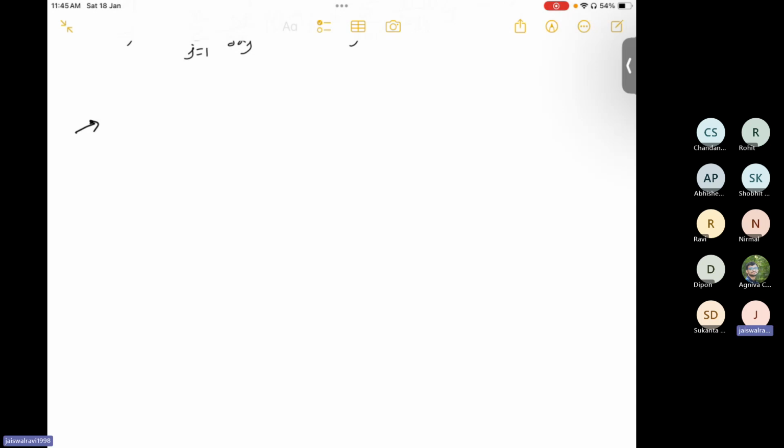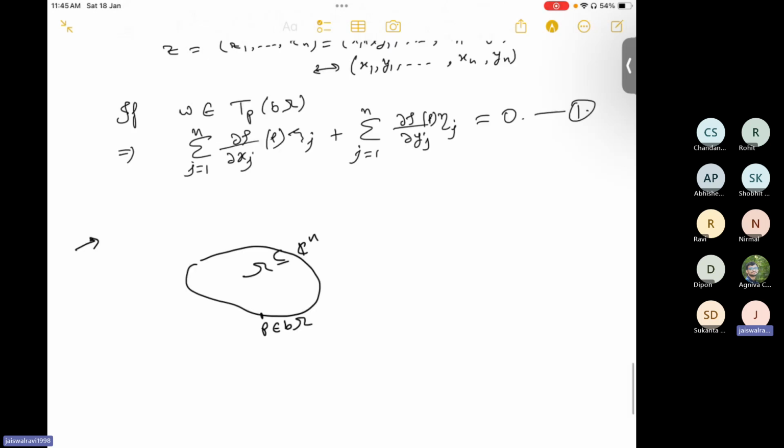So what I have, let me write again. So let omega be a domain in Cn, and say P is a point of boundary omega.